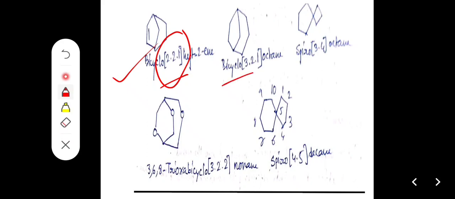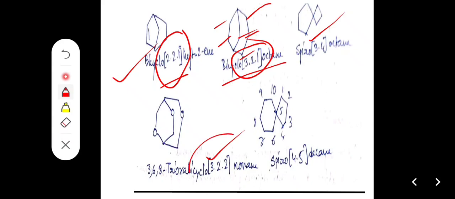Okay. Bicyclo 3.2.1, there should be 3, 2 and 1. The carbon atoms of each ring are designated and separated by full stop. In spiro, similarly, in between 3 and 4, we have to retain full stop.